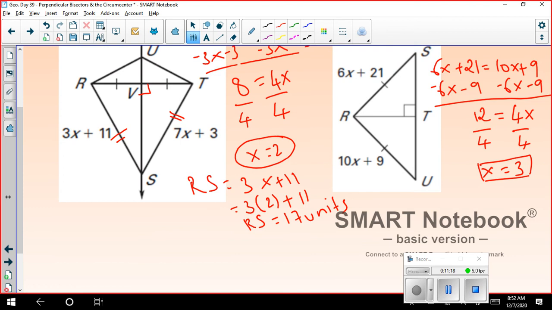So RS equals 6x. In place of x, I'll substitute 3, plus 21. 6 times 3 is 18. 18 plus 21 is 39. Let me erase this.